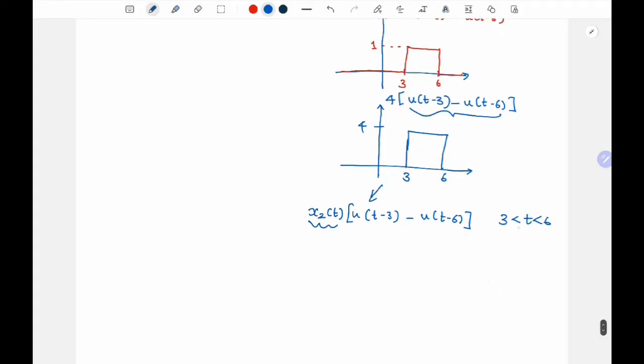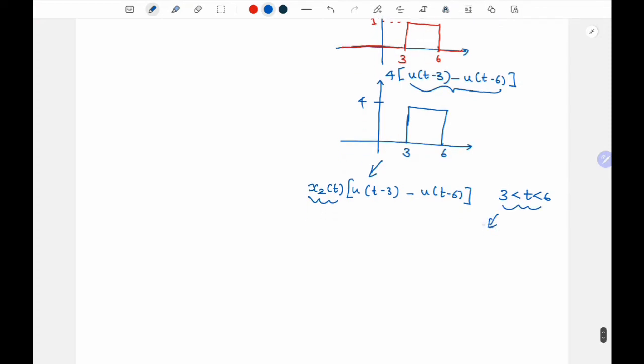Only in this interval it considers the value of x2 of t. So this is called a piecewise definition.